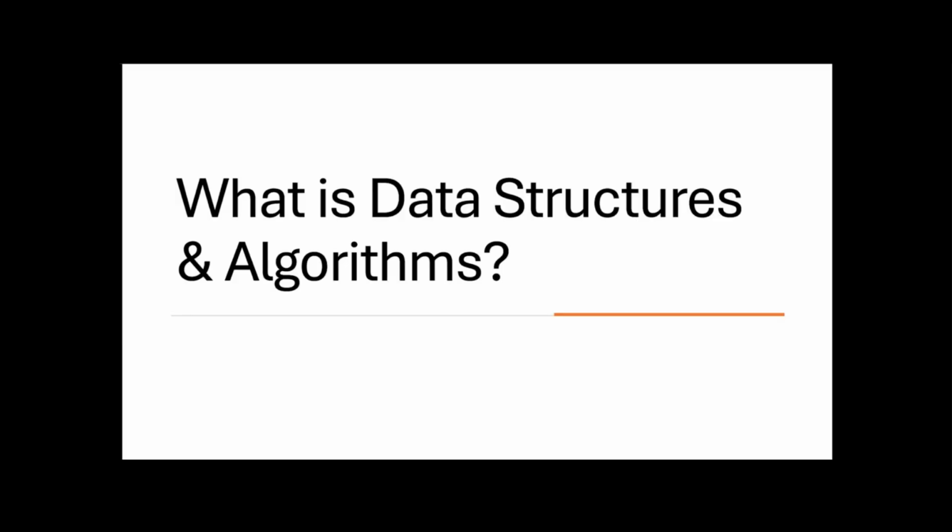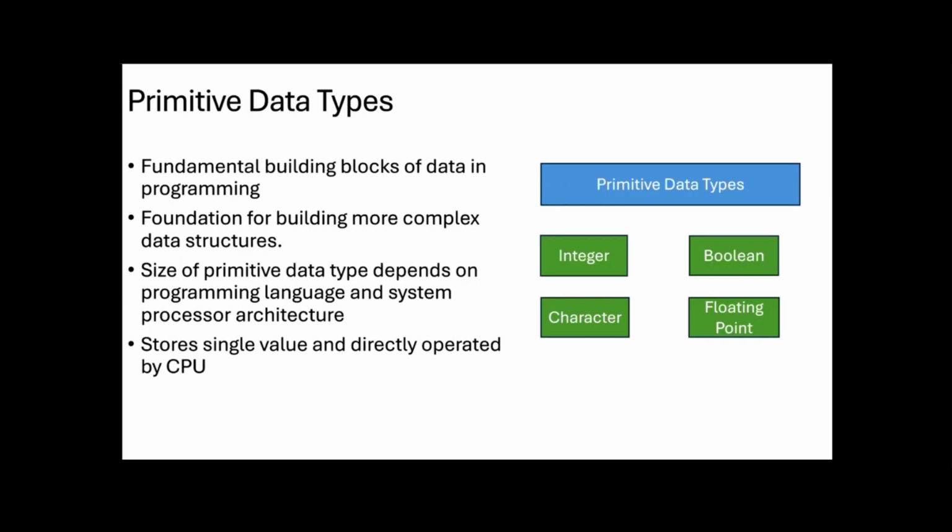Let's start. Before starting on what exactly data structures and algorithms are, I want to quickly cover the primitive data types. I can cover this in more detail in another video, but I just want to give a very basic idea of what primitive data types are, because before understanding data structures, we need to understand data, or data types.